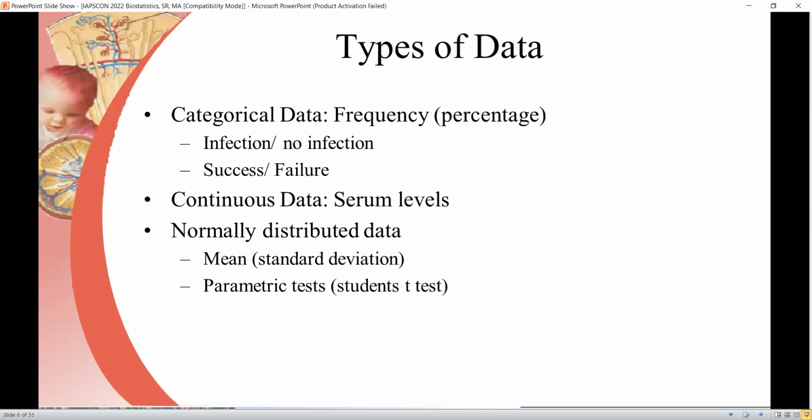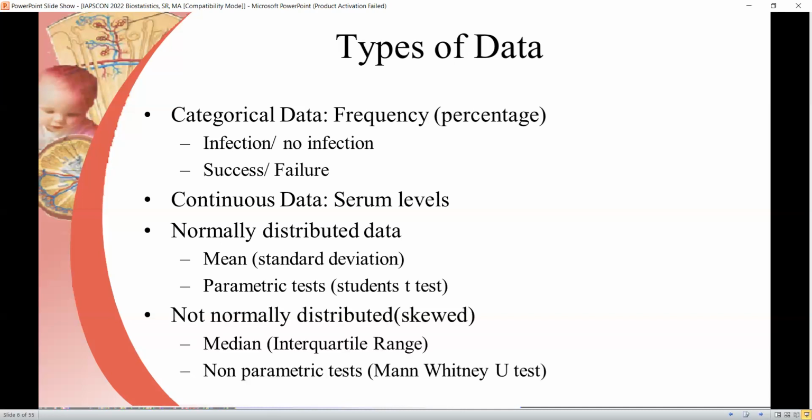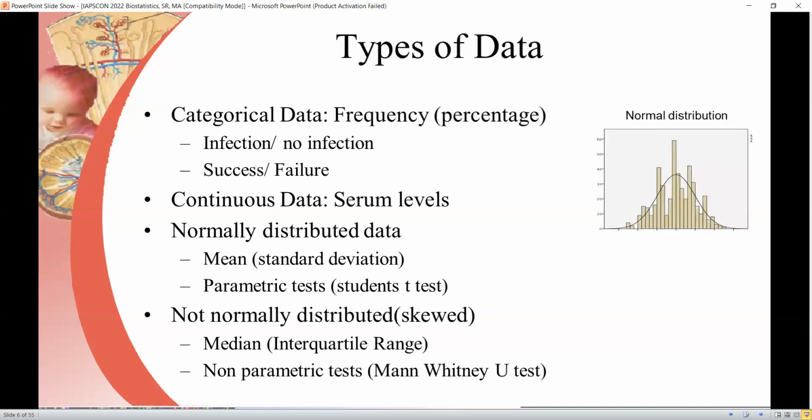For example, blood pressure in a group of a population can be low to high, but usually they stay around a middle value, which you can take as a mean if it is normally distributed data, and you can use a parametric test like a student t-test for that. If something is not normally distributed, then you may have to use a median and an interquartile range, and then use a non-parametric test.